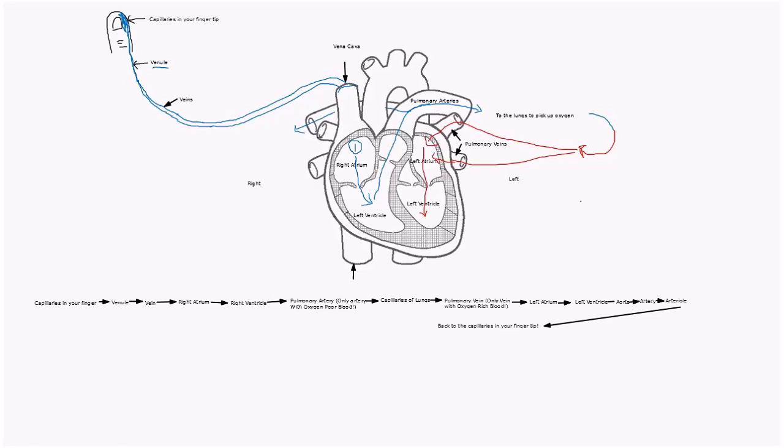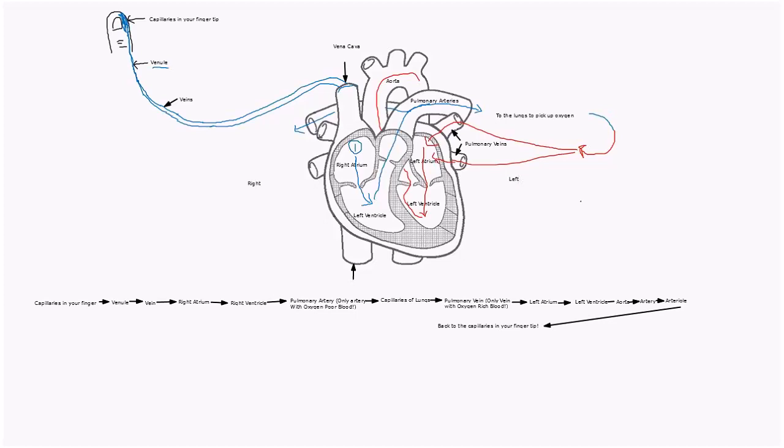The heart pumps again, and then we're going out to the body. So this is the main artery, and it's the biggest artery in the human body. It's called the aorta. And so that's the first pathway out of the heart.